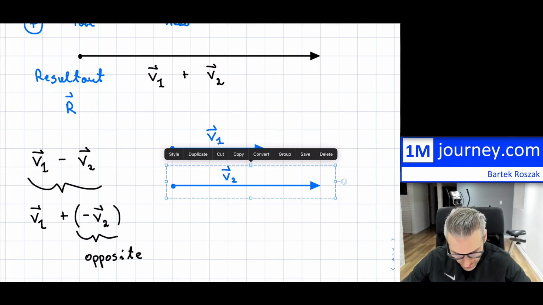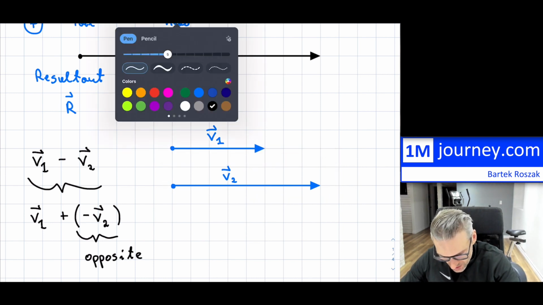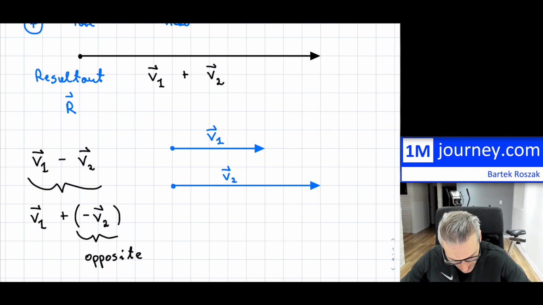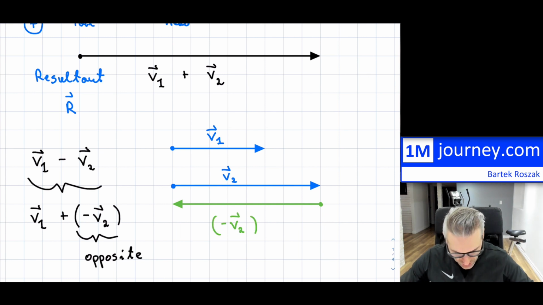And that is pretty interesting to be able to see that. So the negative of this, maybe I'll use a different color. So what's going to happen is you're going to flip this around, okay, and now it's going to go in this direction. And that is now your vector, and this is your V2 negative, right? So that negative just means that it's the opposite.